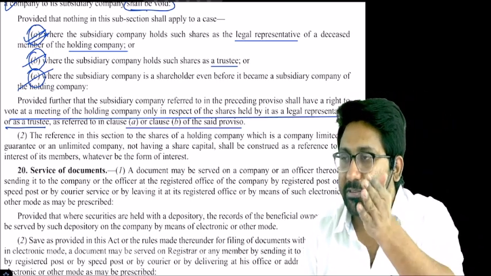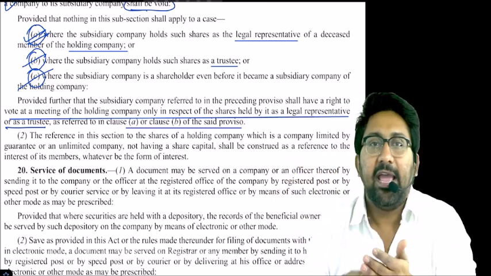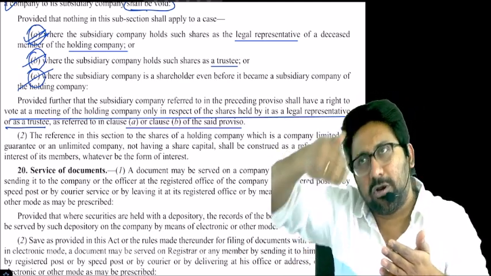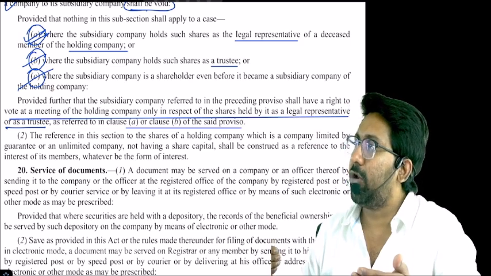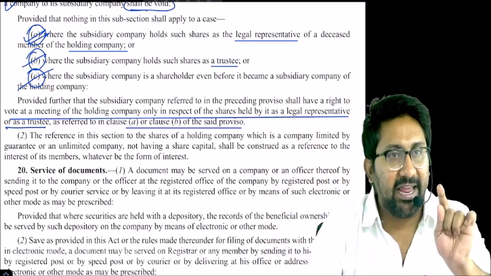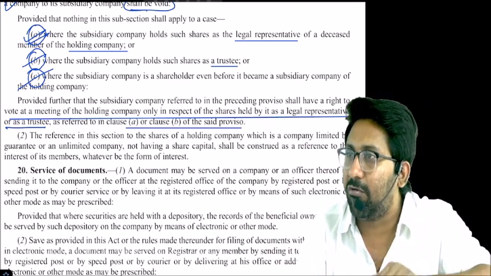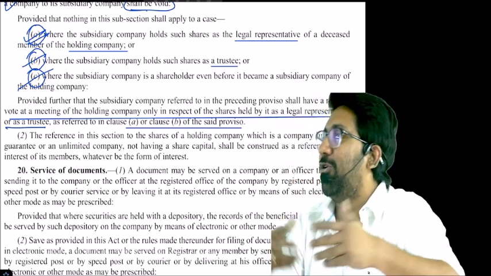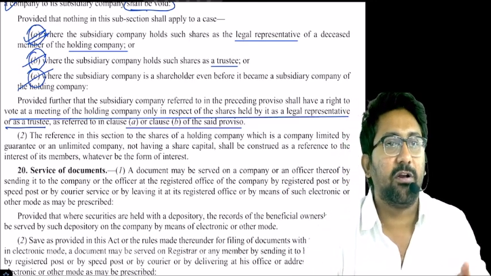That means expressio unius est exclusio alterius: if you expressly exclude certain things, the remaining are automatically included, or if you include something, it automatically excludes the others. Same thing here. If he says that in A and B clauses you have voting right, what does it mean? In the C clause, you don't have a right of vote. That's a rule of interpretation. Everyone understood?